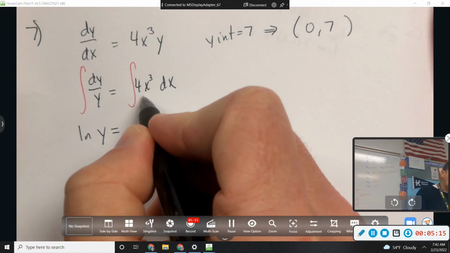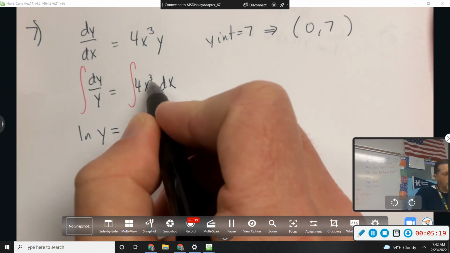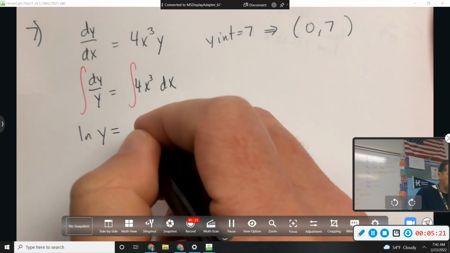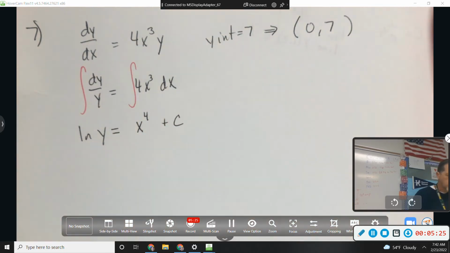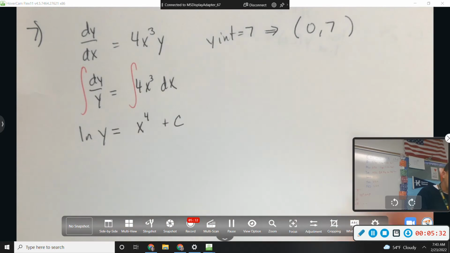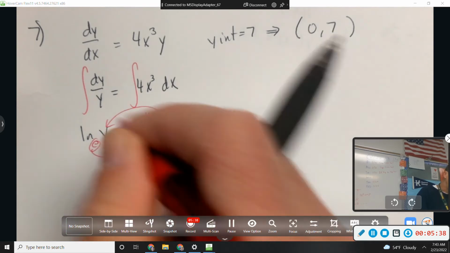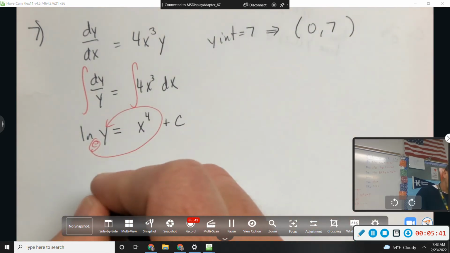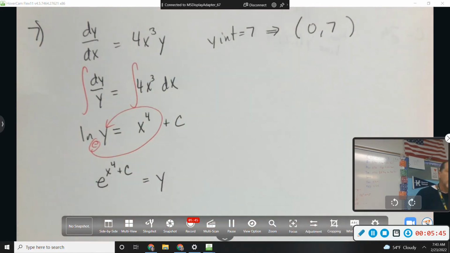The antiderivative of 4x cubed: increase the power by 1, divide by the new power, and you're back to just x to the fourth. And we've done this, well, not quite 100 times yet, but 4 or 5 times already. The loop-de-loop thing. So e to the x to the fourth plus c equals y.